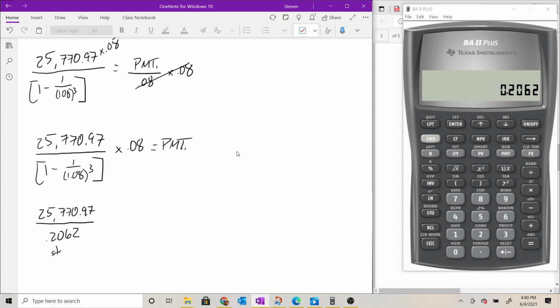And I'm going to write a little note to myself to say that I stored that value on the 1 key.